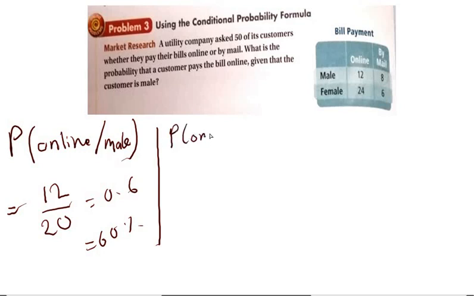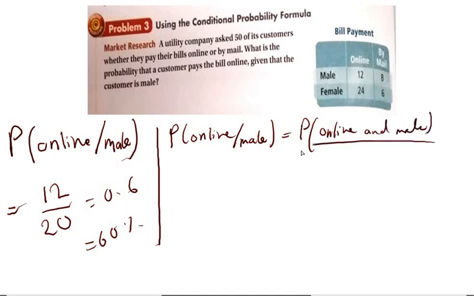Probability of online given mail is equal to probability of online and mail over the probability of mail.